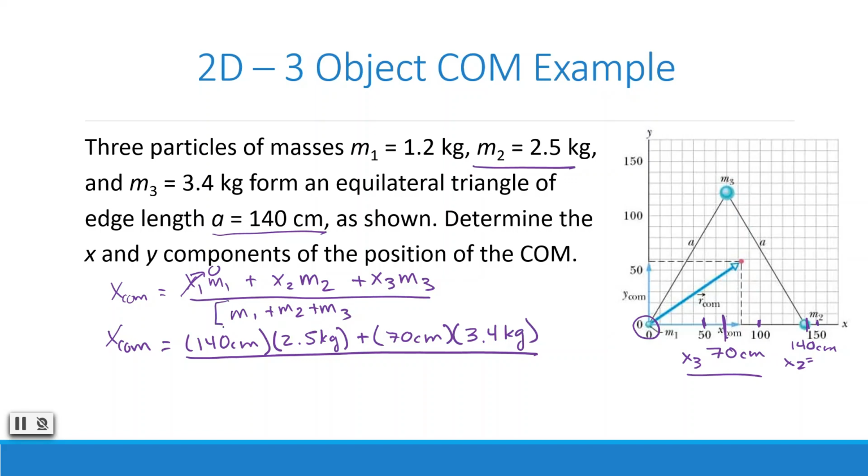Even though m1's position was 0, so it's not in the numerator, it is going to be here in the bottom. So we're going to have 1.2 kilograms plus 2.5 kilograms plus 3.4 kilograms, which calculates out to about 82.8 centimeters. So we've got our XCM is 82.8 centimeters.